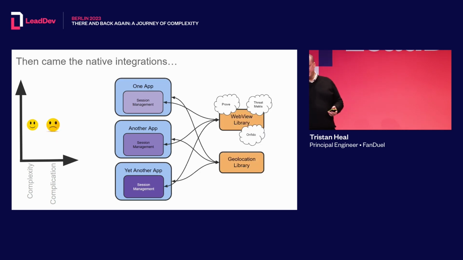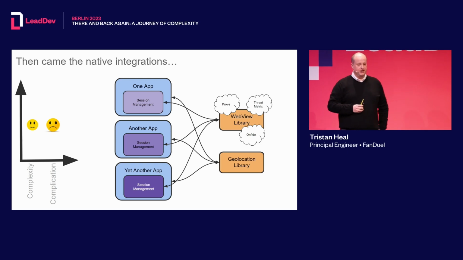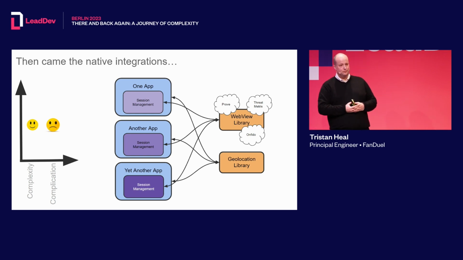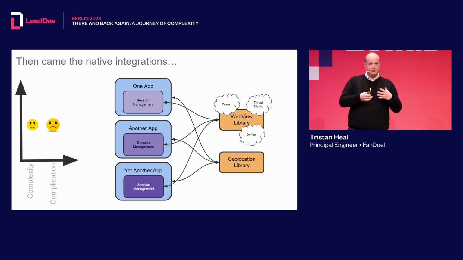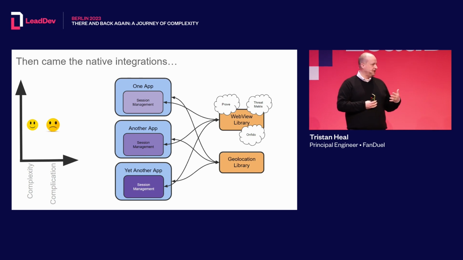So then came the native integrations. At this point, by the way, I've moved the web and the backend off, just so that we can see what's going on. It was at this point really that we realized that we needed to break stuff off into client libraries. Mostly around the account side, we needed to do things around ID verification, anti-fraud detection, and other things.